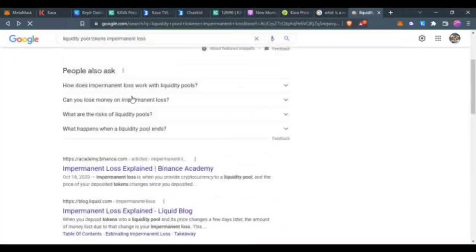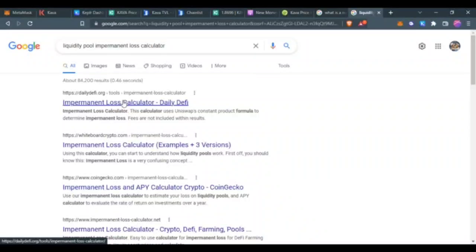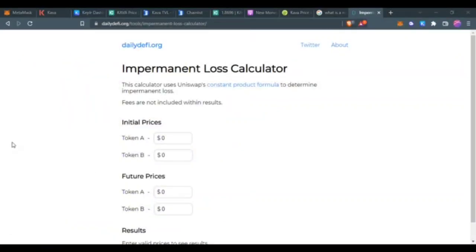Let me just see if they have. Let's see if there's an impermanent loss calculator. See if this works. Okay, so initial price.